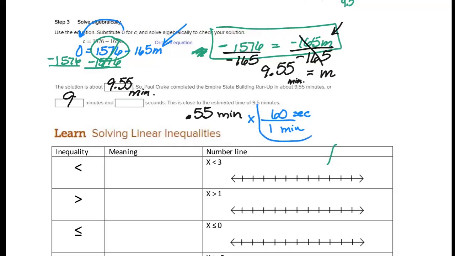This is what we call an equivalent ratio. 60 seconds and 1 minute are the same, but they're in different units. So if I put this over 1, multiply top times top, bottom times bottom, you're going to get 33. Your minutes and minutes here will cancel out, and you're left with 33 seconds. So it is 9 minutes and 33 seconds.